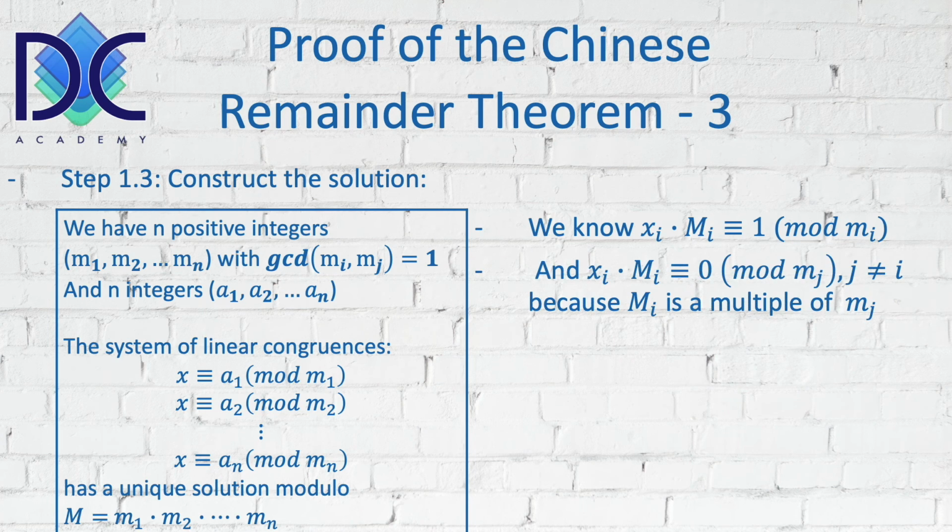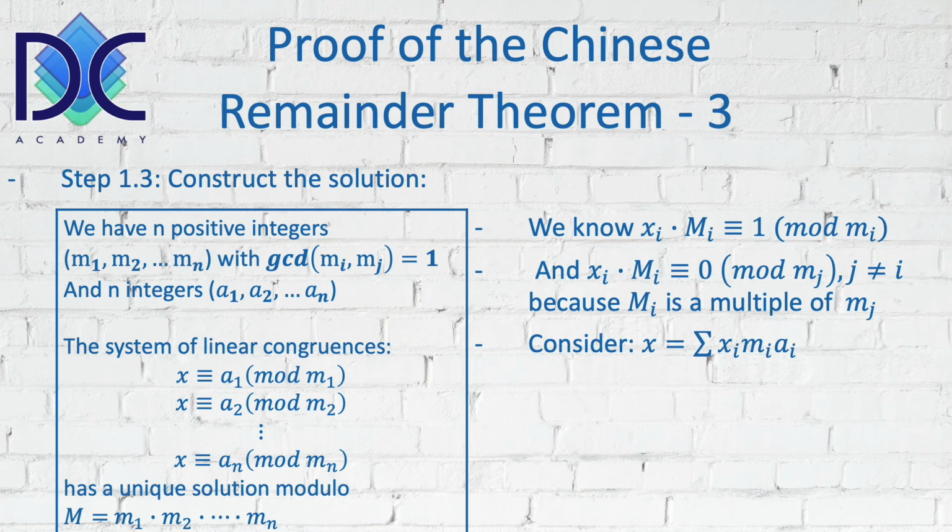Now, we say that xi multiplied with Mi is congruent with 0 modulus mj for j not equal to i, because Mi is a multiple of mj. Whatever mj I use, whatever the value is, Mi is always a multiple because it's still there in the product.